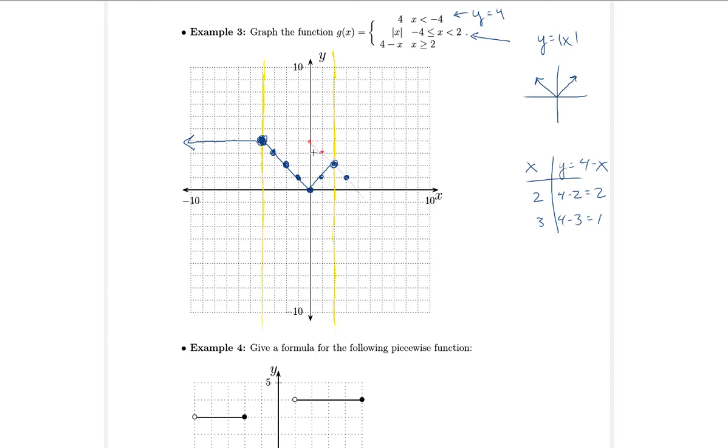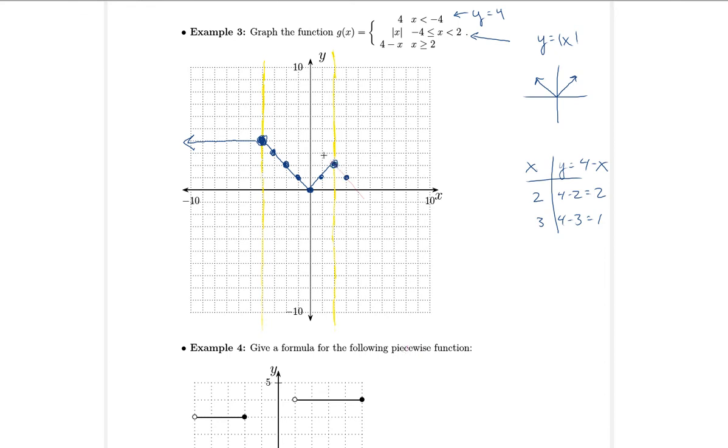But you have to understand that this part of the line is not allowed, because this is only supposed to take place when x is greater than or equal to 2. So another strategy besides graphing points is just to graph the entire function and then come back with an eraser and erase all the parts that you don't want.